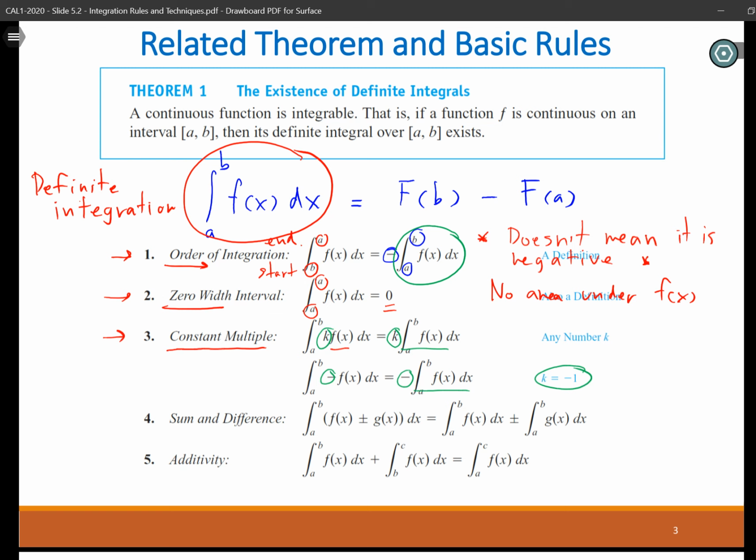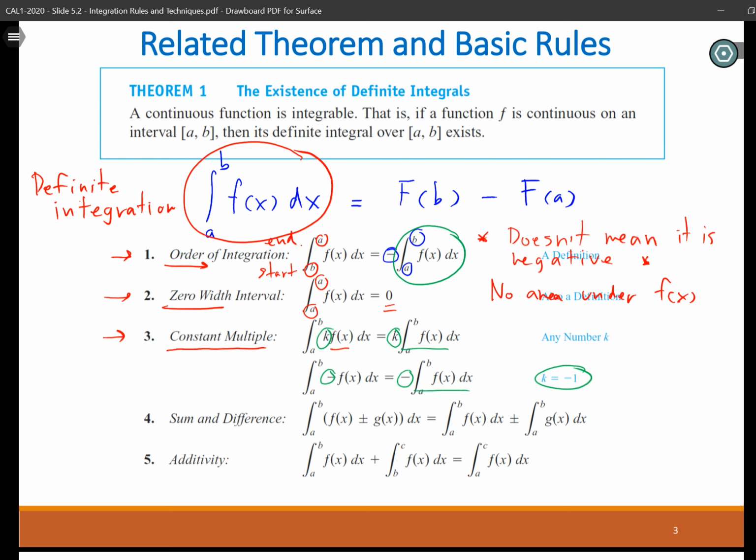Once again, I saw some of you got confused about constants. If a constant is multiplied to a certain function, you don't need to worry about it too much. Just take it outside of the operation. But if the constant is alone, then that is different. So keep this in mind. They're different things: a constant alone and a constant multiplied to a certain function.